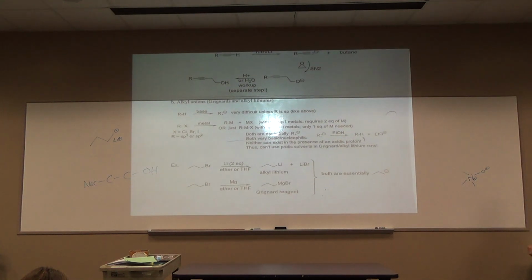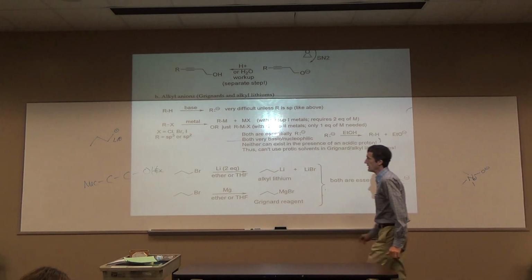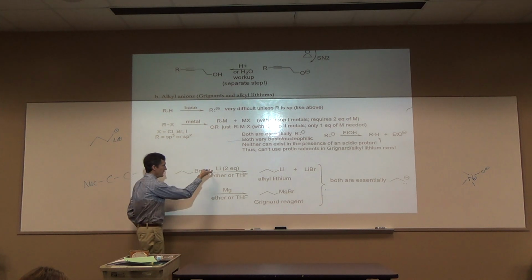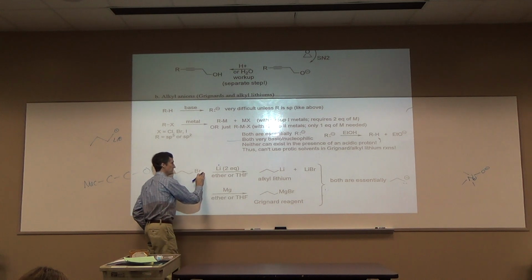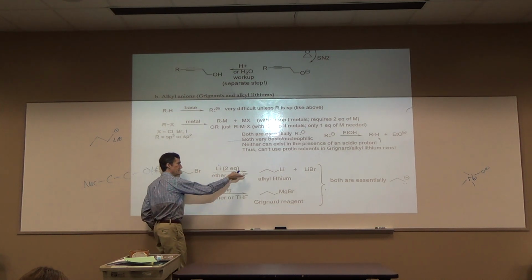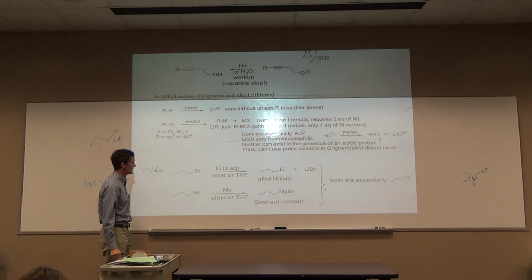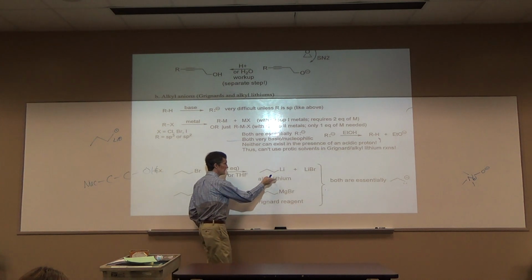If we look below, you can see what we're talking about here. If you take an alkyl halide, such as a bromide, and treat it with lithium metal, oxidation state 0, often in an ether solvent such as ether or THF, you will get the alkyl lithium.